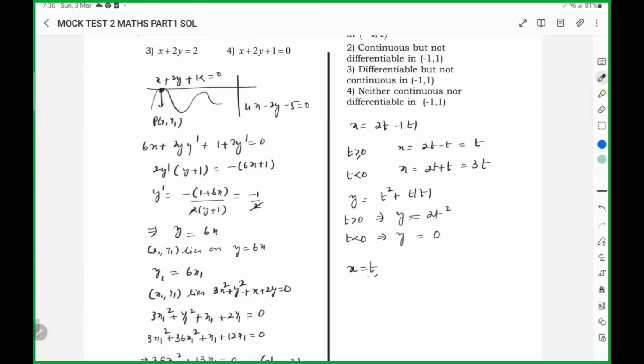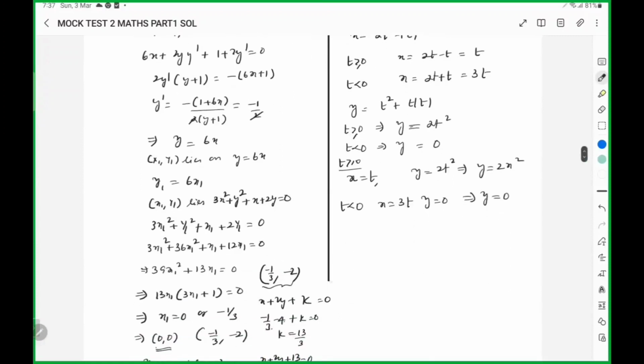X here is t, first case, t greater than 0. Y here is 2t square. That means y is 2x square. When t less than 0, x is 3t, y is 0.